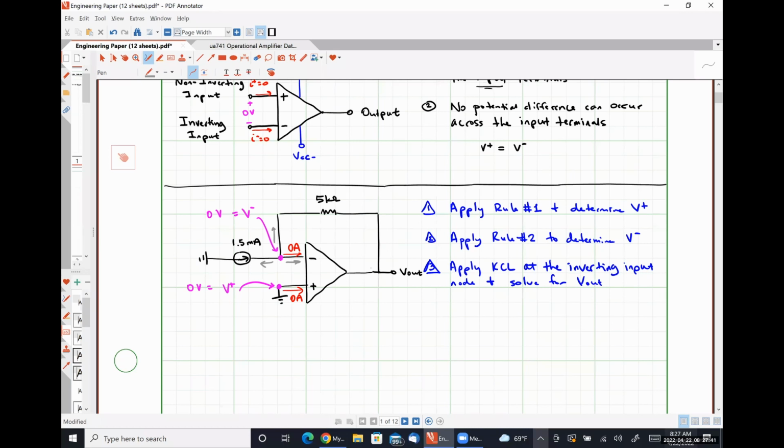Negative 1.5 milliamps. What's the current directed to the right? 0. So I'm not going to write that down. I'm just illustrating that that's always going to be there, but that answer is always going to be 0. Now, what about the current flowing up through the 5 kilo ohm resistor? This is where things maybe get a little difficult, but not really.